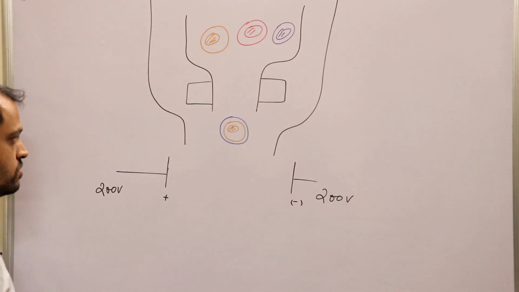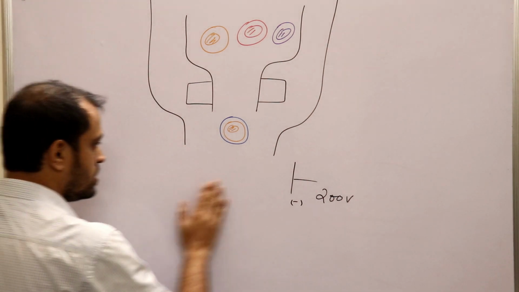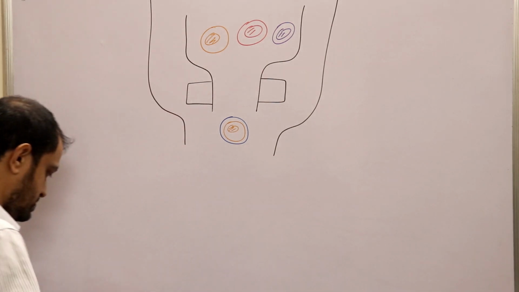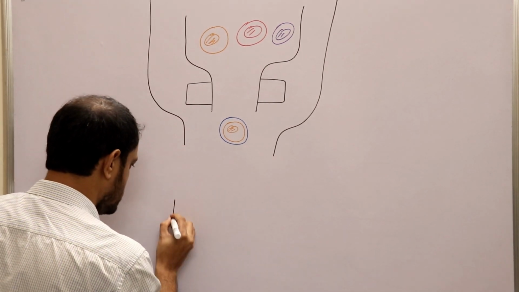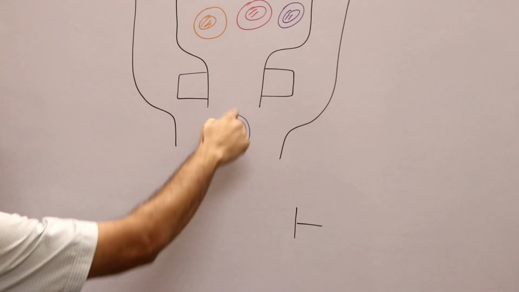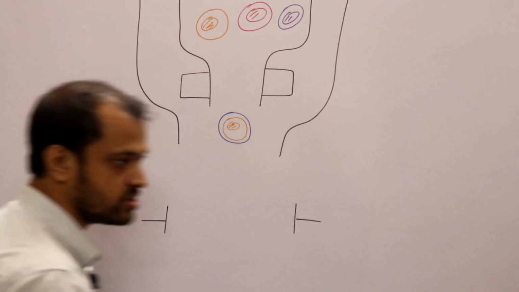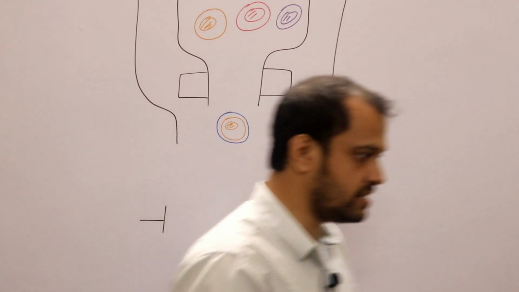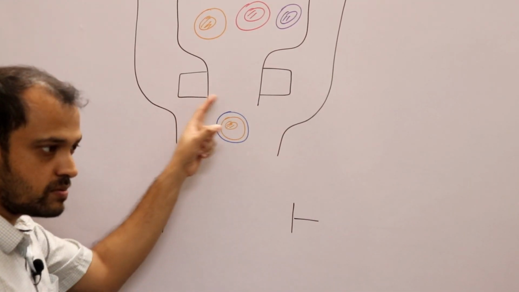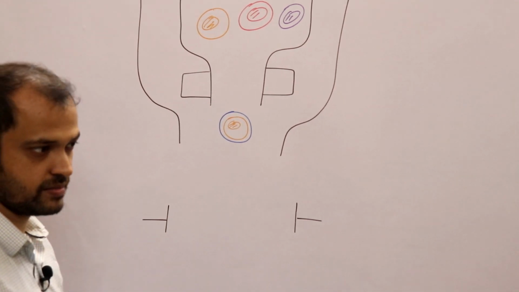Now listen with all your attention. This droplet containing the yellow colored cell will take a positive charge. Who is telling that this drop containing the yellow colored cell will take the positive charge? You are actually telling. How do you know?